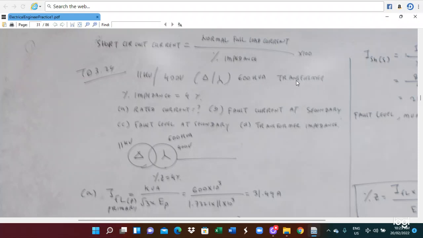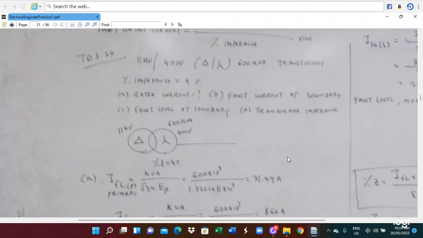An 11 kV/400 volt, delta-star, 600 kVA transformer has a percentage impedance of 4%. We have to calculate the rated current and also the fault current at the secondary, and also the fault current at the primary and the transformer impedance.